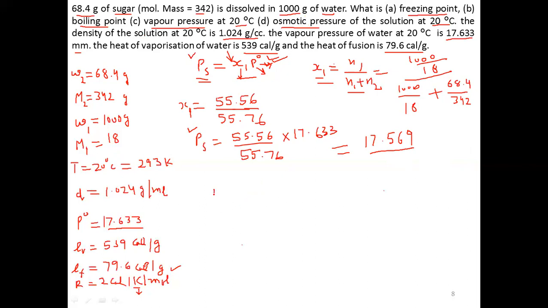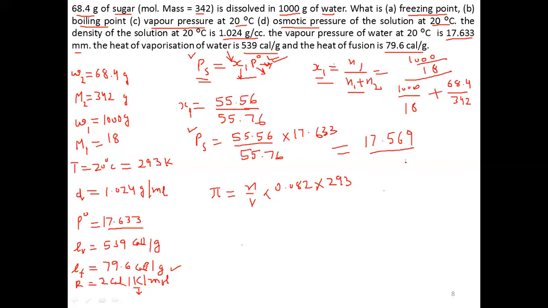Okay. Now osmotic pressure pi is given by number of moles divided by volume of solution into R, R is 0.082, into T. We have to use T in Kelvin. So 20 degrees C means 293 Kelvin.